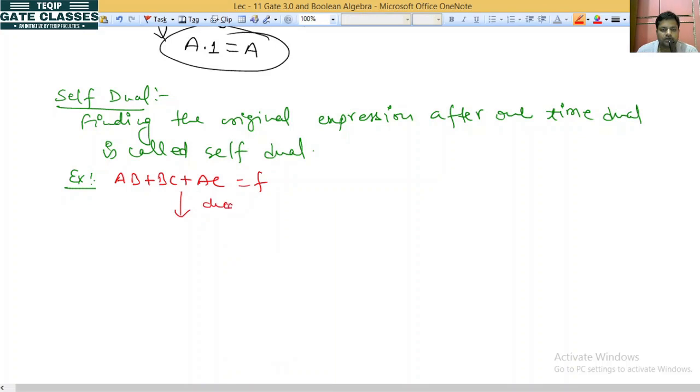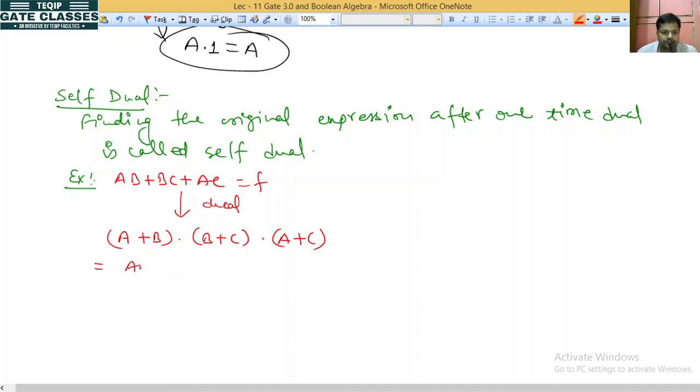I am going to apply dual one time, so it will be (A plus B) dot (B plus C) dot (A plus C), because AND will be replaced with OR and OR will be replaced with AND. Now you can solve it.